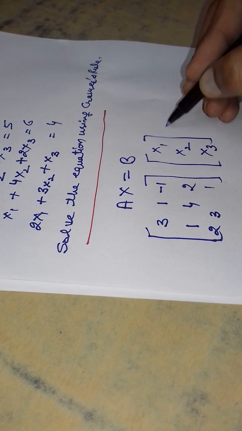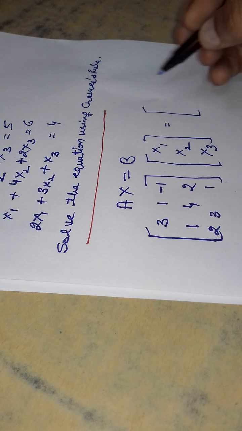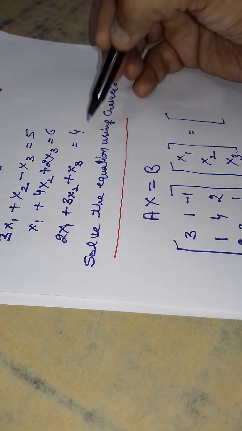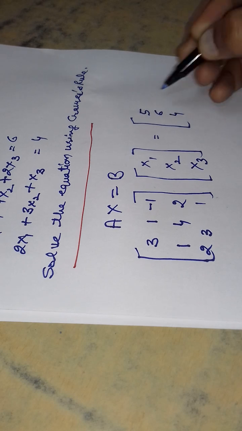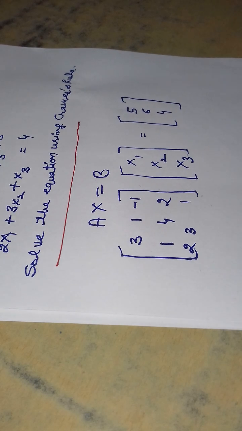Similarly b will be the values 5, 6 and 4, and we have generalized the equation.